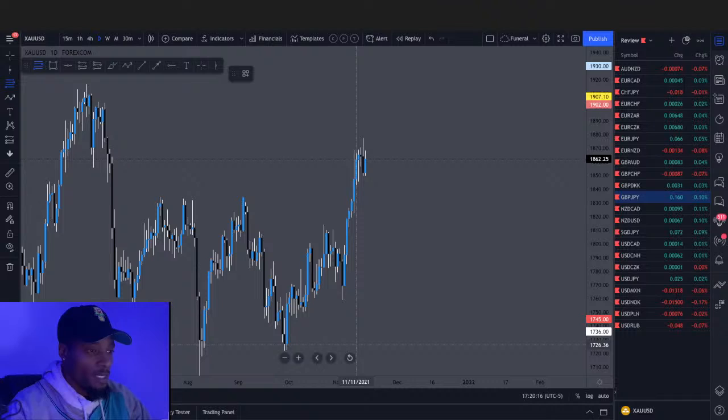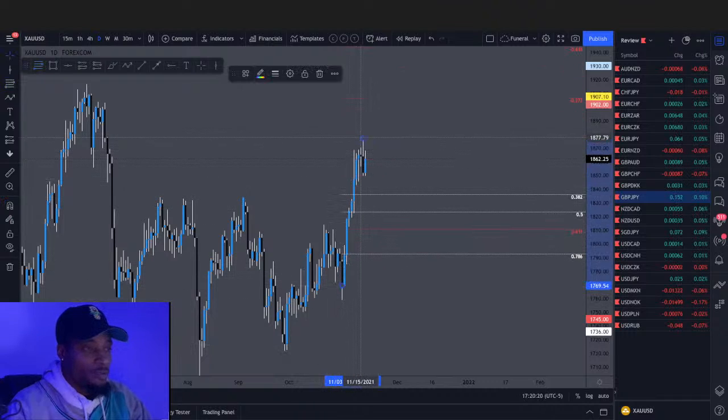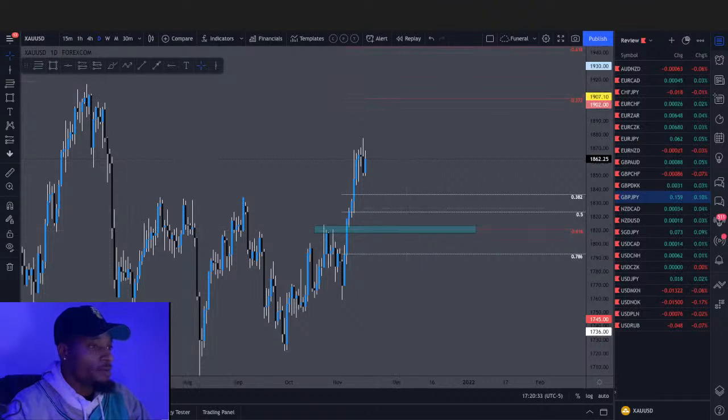We're gonna take our Fibonacci on this and see what we would like for it to come to. I mean, 618 would be ideal. Of course, we have previous resistance now turned support, but we also have this level in here at our 382. So two possibilities before we see a continuation to the upside, to come test some of these levels.